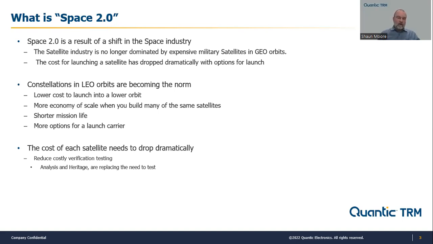They still want decent parts, but don't necessarily need all the testing that they've had in the past. Okay, so maybe could you explain a little bit more about the impact that this all has on component manufacturers? Sure.